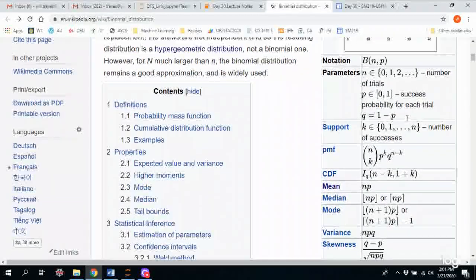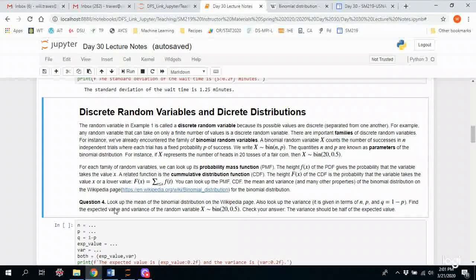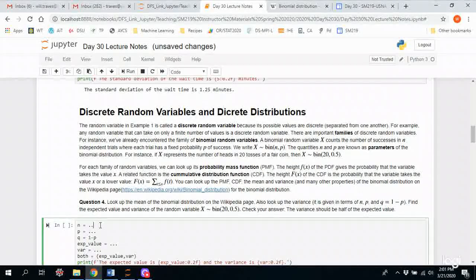That's the failure probability for each trial. And then further down, you can find the probability mass function, and the mean, there it is, n times P, that's good. And also the variance, n times p times q. Aha. So let's go back to our notes. N is 20 in our case, because we were told n is 20, and p is 0.5.